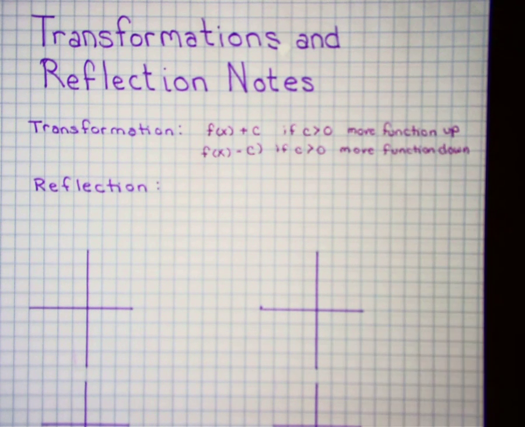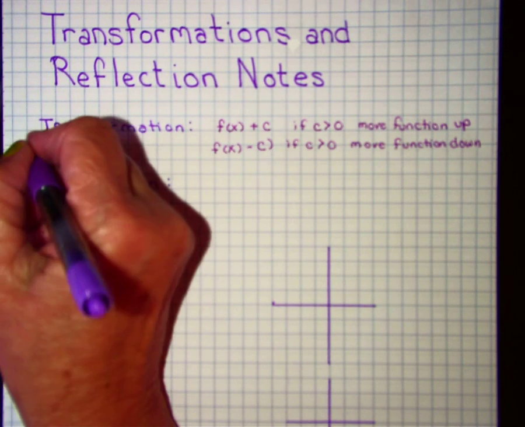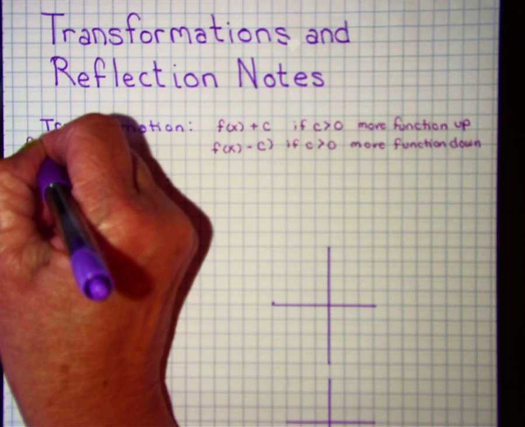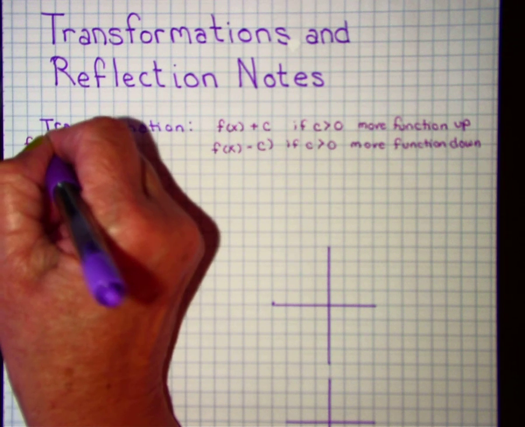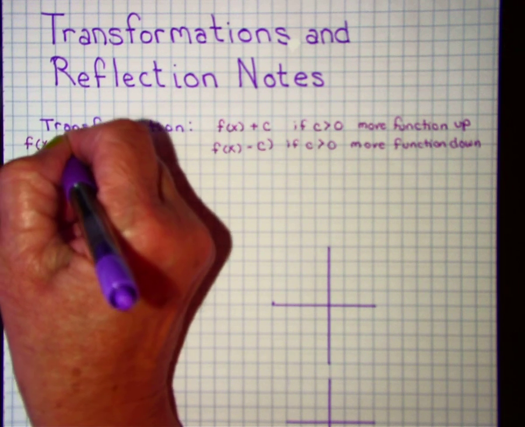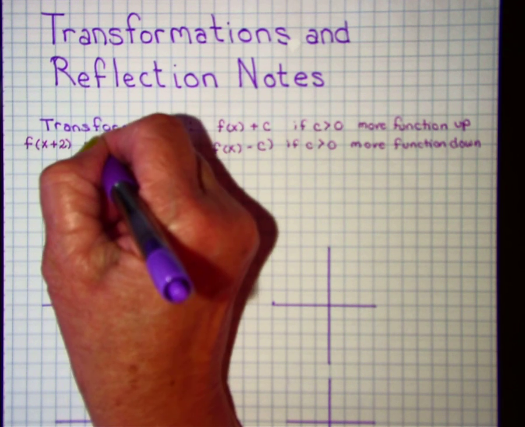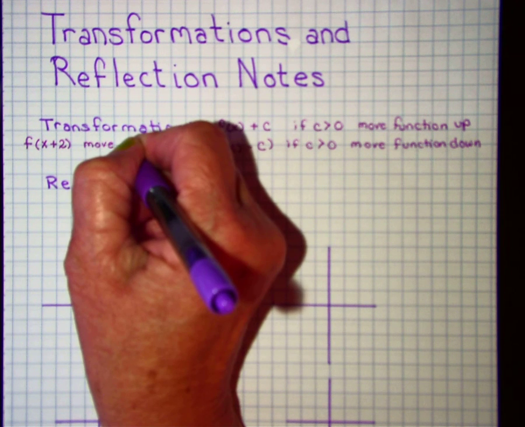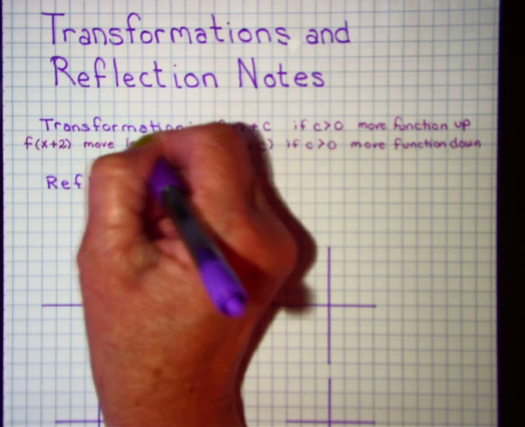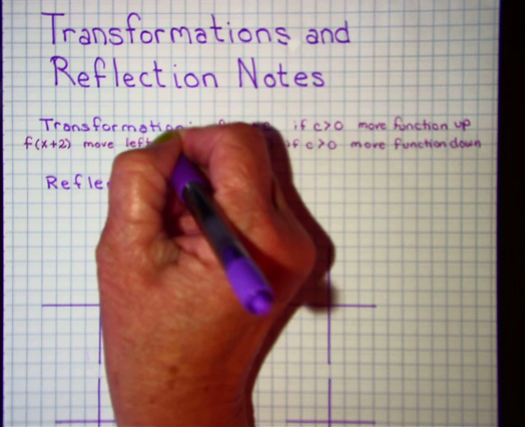You're going, wow, that's easy enough. Most of the problems with transformations isn't the moving up and down, it's moving side to side, because it's actually opposite of the way we would think it works. So I'm going to write this real small over here. If I have a function where the x is x plus 2, that means it's going to move left, or negative, by 2.